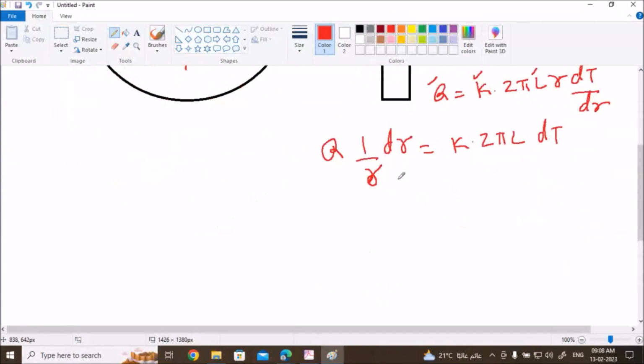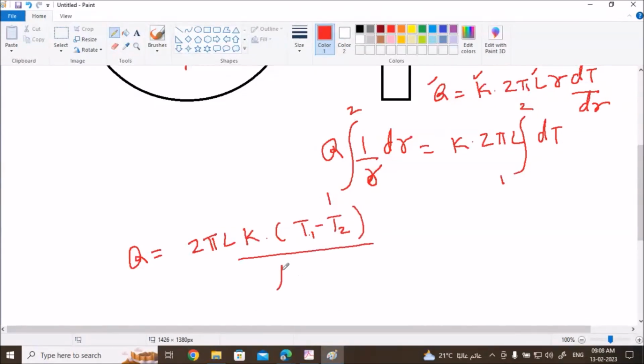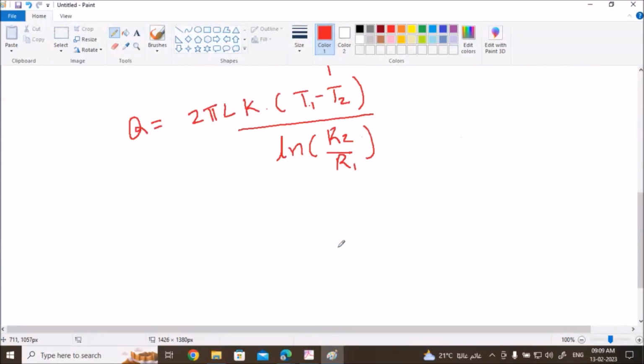If you integrate this equation from 1 to 2 or 2 to 3, or any point, we will get the final equation. I will not show you the derivation. Q is equal to 2 pi L K (T1 minus T2) divided by ln(R2 by R1). If you choose higher temperature minus lower temperature, divided by higher radius over lower radius. So this is the formula for heat transfer.